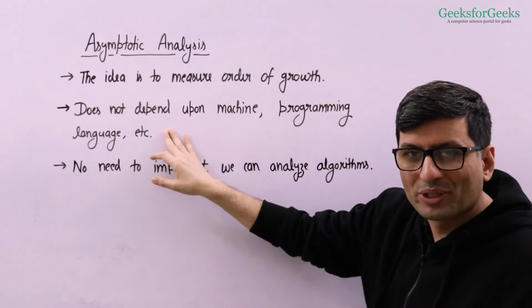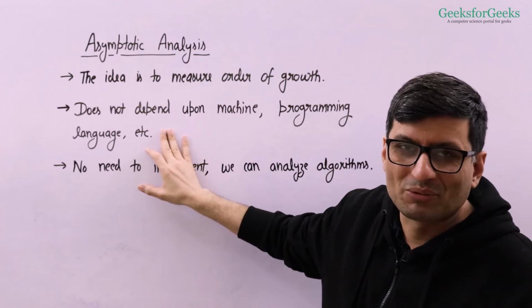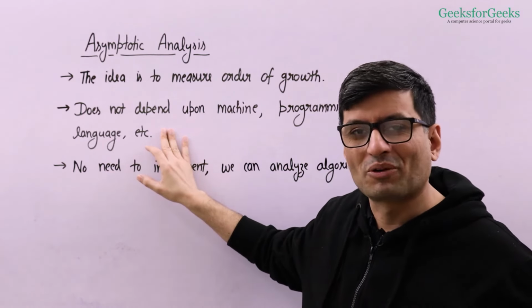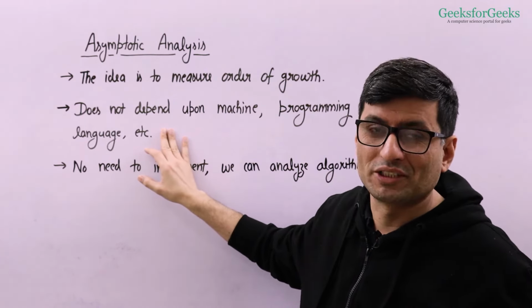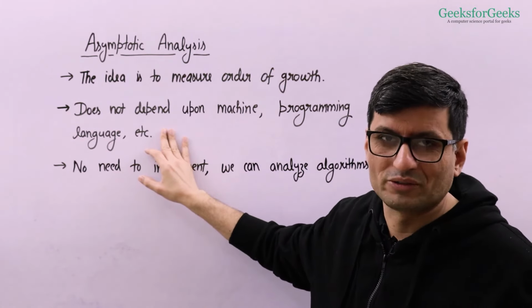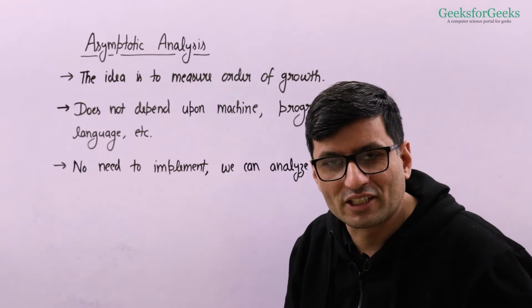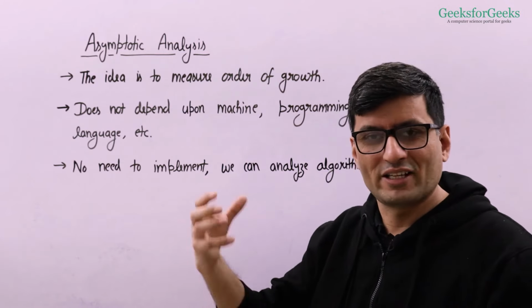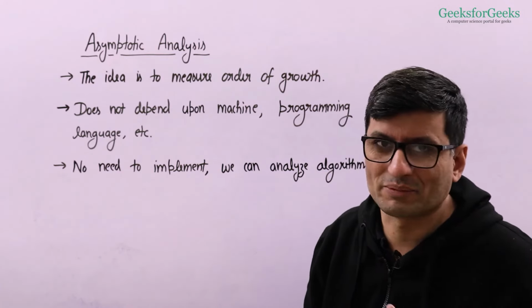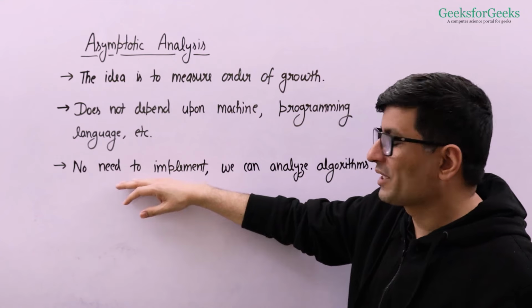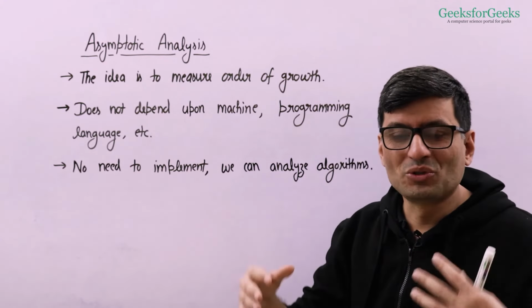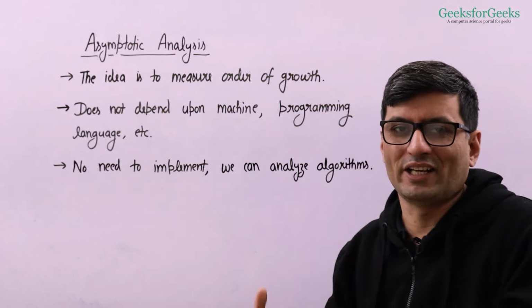The best part about asymptotic analysis is it does not depend upon the programming language, does not depend upon the machine, and does not depend upon the test cases also. We talk about worst case analysis most of the time, and that's algorithm specific, not test case specific. One more thing about asymptotic analysis, you don't have to implement the algorithms.